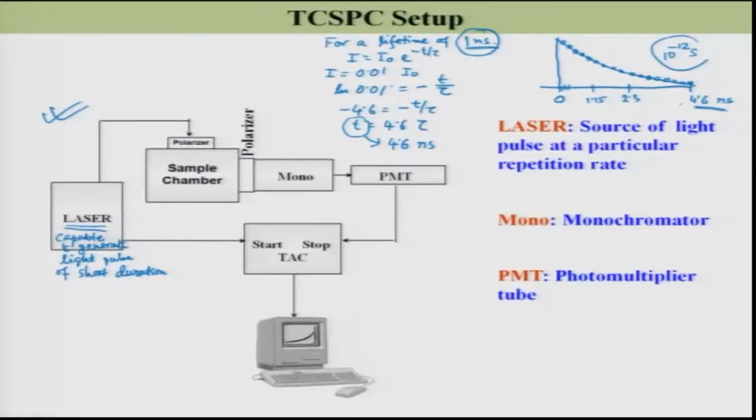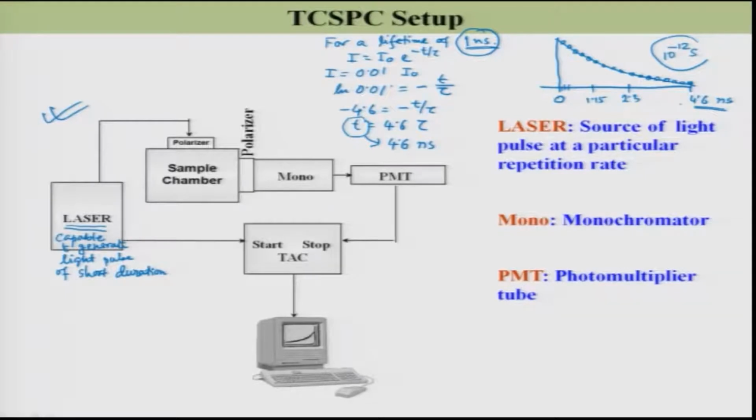Very similar to that, if your excitation light pulse is much broader than this time window, then you will not be able to measure that. So, your excitation light pulse has to be shorter than this.